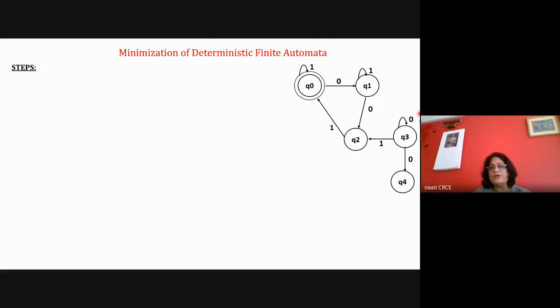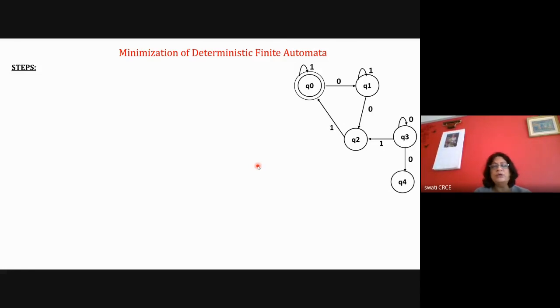So suppose this is a particular diagram given to you, you can identify what are the states that you can remove and still it is an equivalent DFA. So our objective for today is that from a given DFA, we have to find the equivalent DFA which has fewer states.